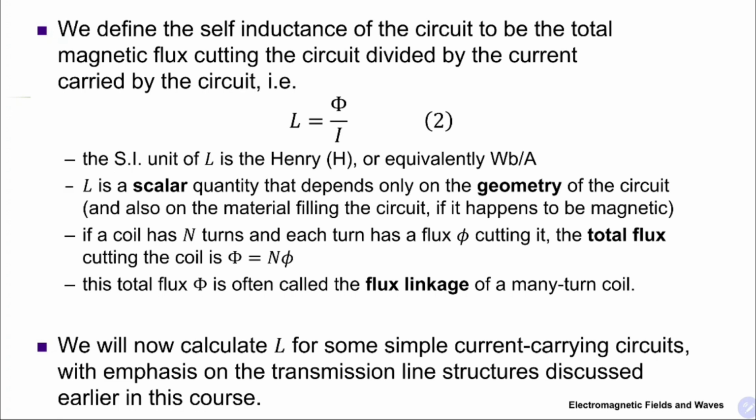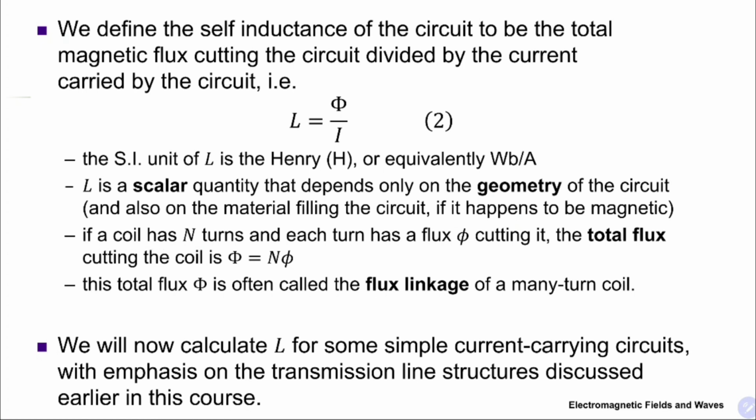We define the self-inductance of the circuit to be the magnetic flux divided by the current. L is equal to capital Phi divided by I. The SI unit of inductance is the Henry, equivalent to Weber per ampere. Our flux is in Weber, current is in ampere, so Weber per ampere is our unit Henry. Again, L is a scalar quantity and it depends on the geometry of the circuit.